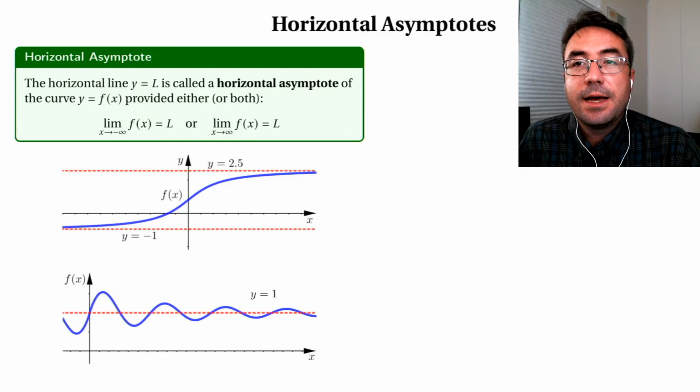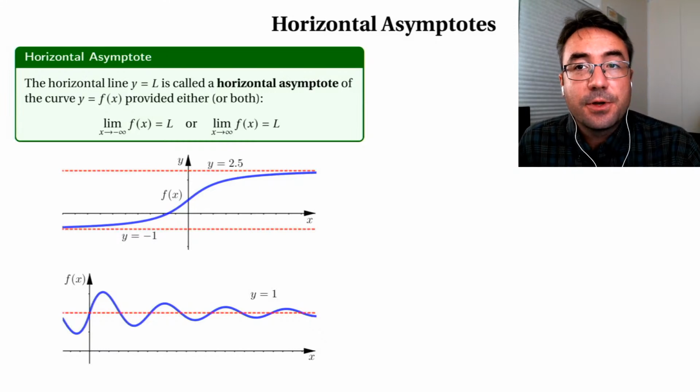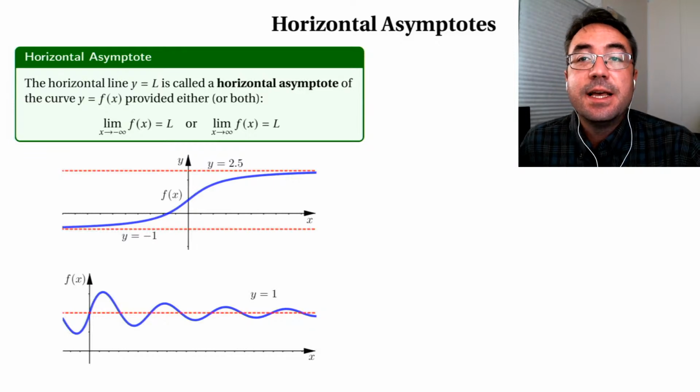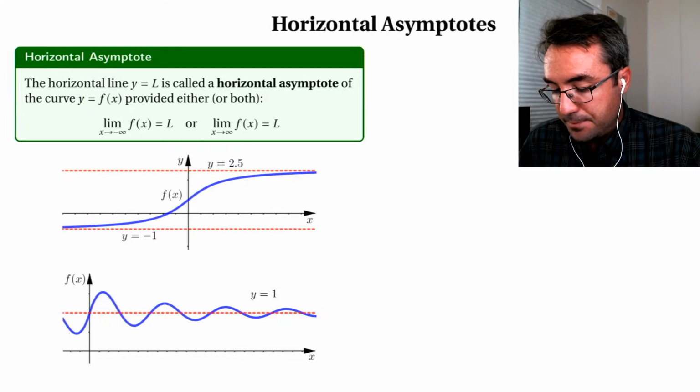So the horizontal line y equals L is a horizontal asymptote of the curve y equals f of x if either of those two limits exist and equal L. Now maybe both of them, but only one of them has to equal L.